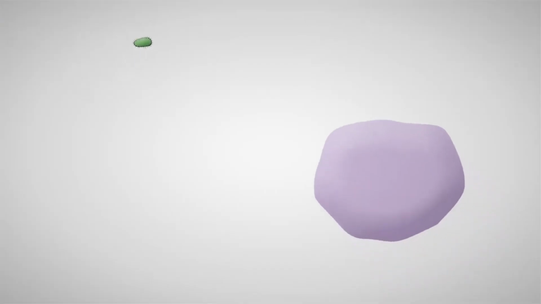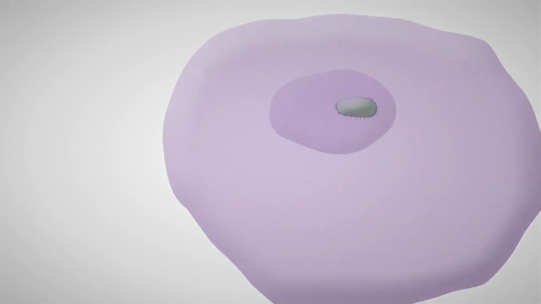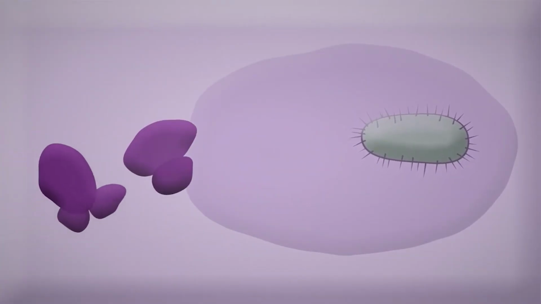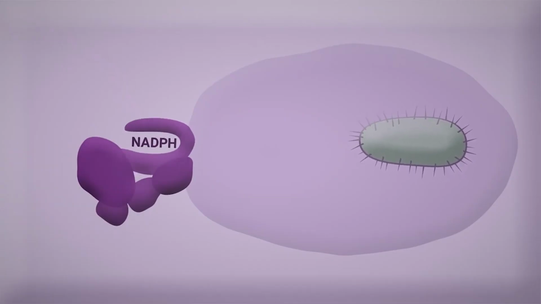When the white blood cell encounters a bacteria, it takes it inside and puts it in a little container. Now you gotta kill it. How do you do that? You assemble a bunch of proteins on this container. They take a chemical in the cell called NADPH.